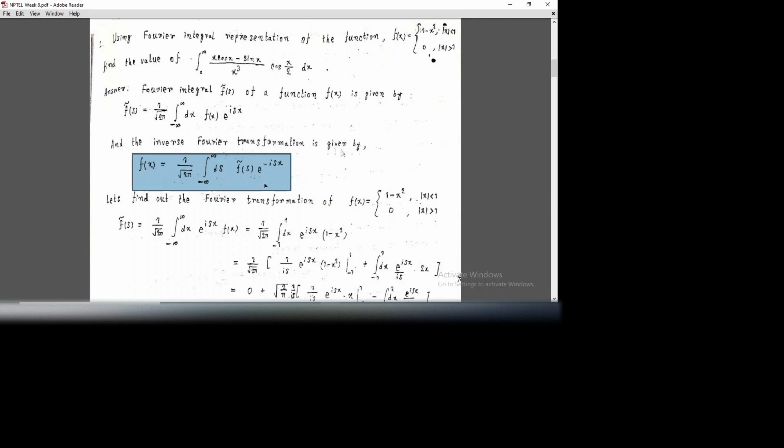So inverse transformation, and the only crucial difference is that whenever you use e to the power isx in the definition of Fourier transformation, then you will have to use e to the power minus isx in the definition of inverse Fourier transformation.